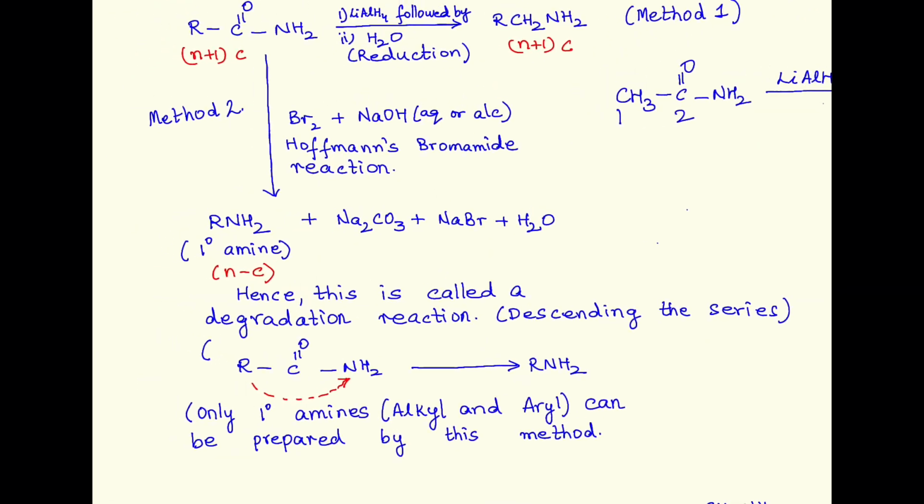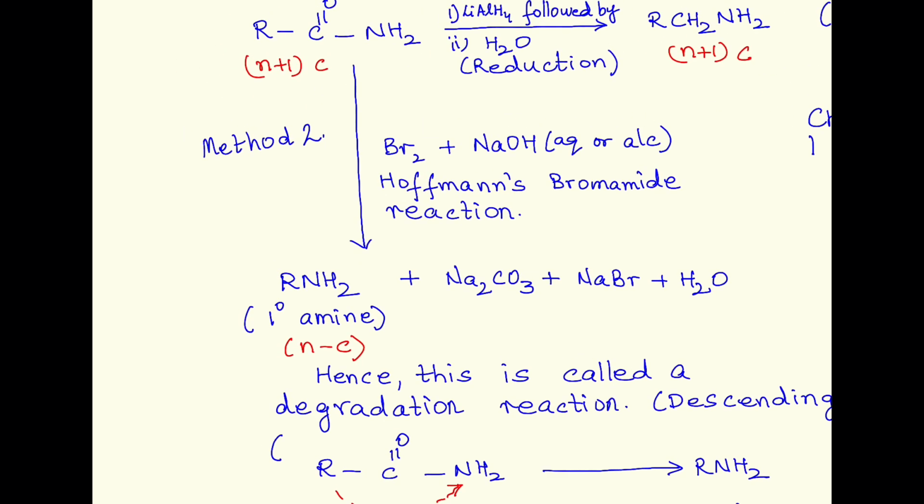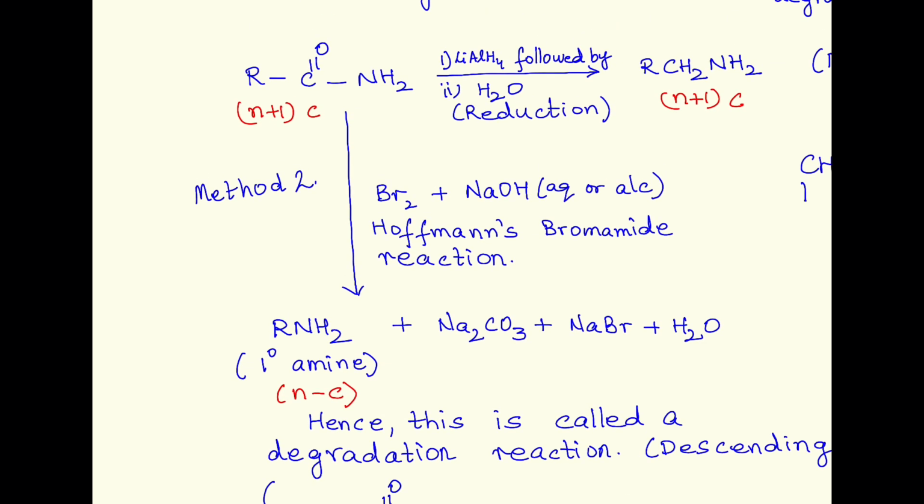The second method is where you have an amide and you treat it with bromine in the presence of an aqueous or alcoholic strong alkali. Here the alkyl group moves from the carbonyl carbon and attaches itself to the nitrogen, and the nitrogen breaks its friendship with the carbonyl group and we have what we call an alkyl amine over here.